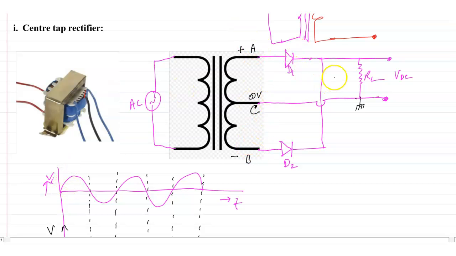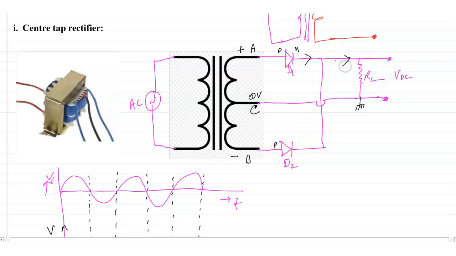Now you can see here that the P side of D1 is positive, so D1 is in forward bias. And for D2 you can see the P terminal is negative, means D2 is in reverse bias. Now D1 forward, D2 reverse, so D2 will not conduct, only D1 will conduct, and current will flow through this and cannot go this side because D2 is in reverse bias.